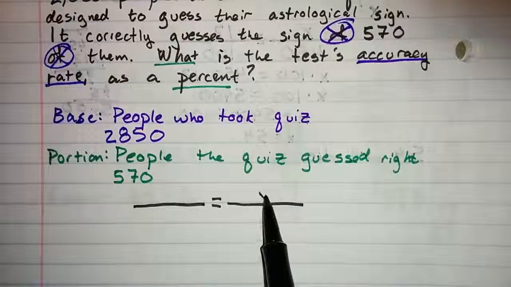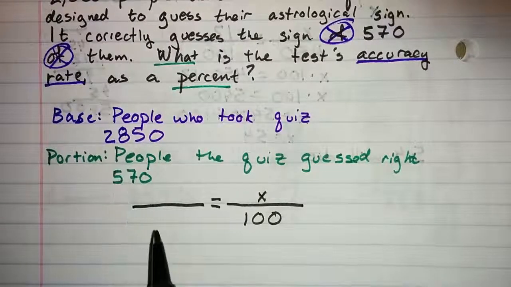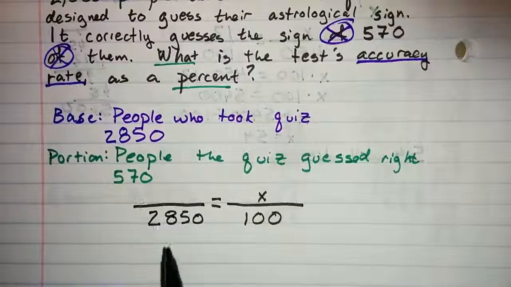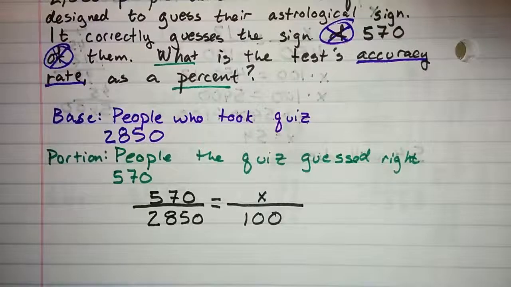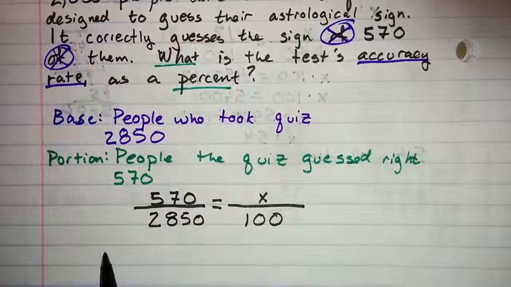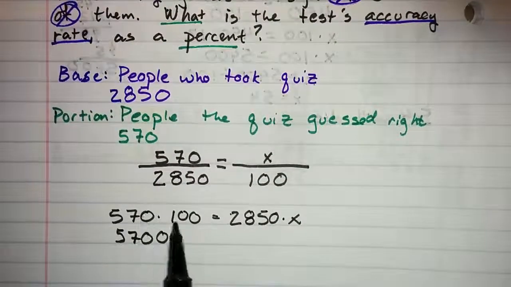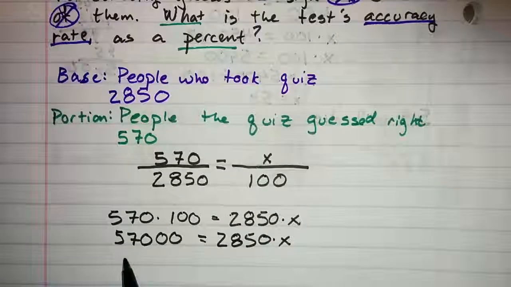All right, we want to know the percentage. The base is 2,850, and the portion is 570. All right, now we can solve this proportion. We cross multiply. This multiplication at least is easy. 1, 2, 3 zeros. And now we're ready to divide, right?